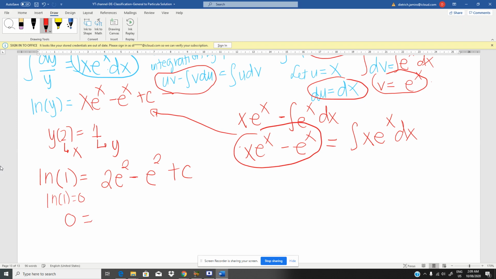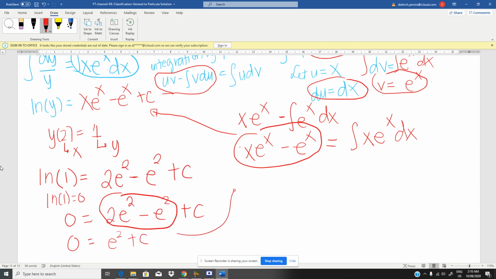So we will have 0 is equal to 2e raised to 2 minus e raised to 2 plus c. Simplifying these terms, we will have e raised to 2 plus c. Solving for c, we will have c equivalent to negative e raised to 2. So that's the value of c.